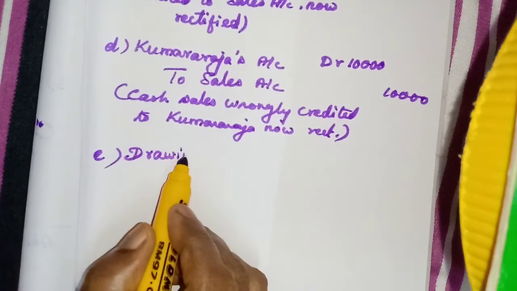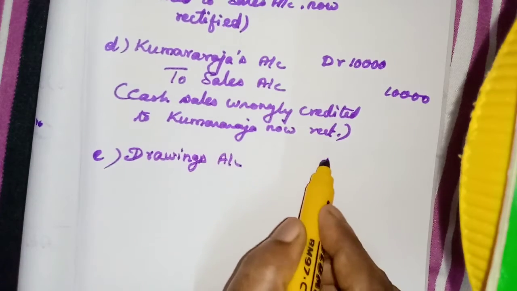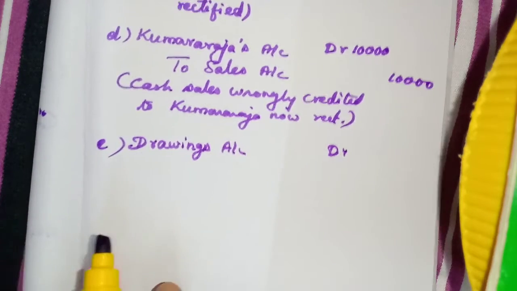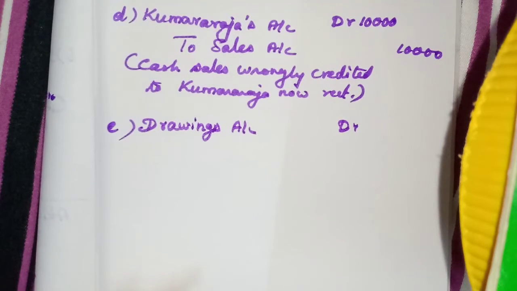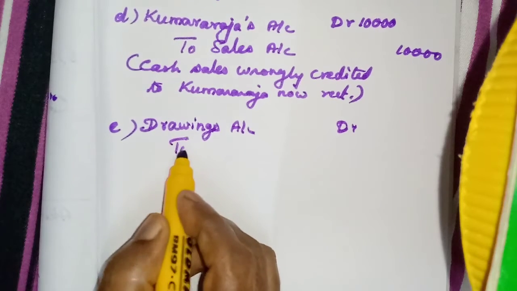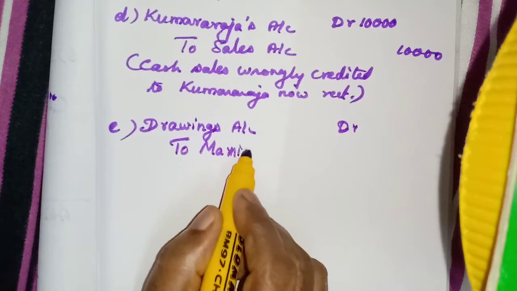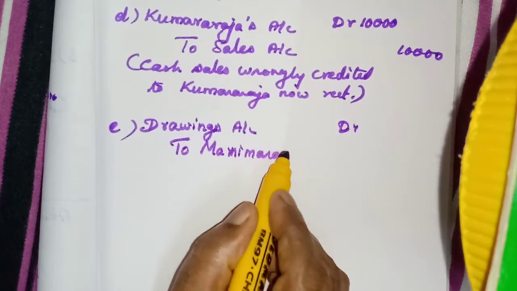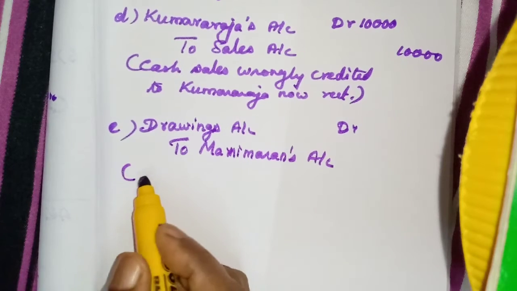If goods are withdrawn by the proprietor for his personal use, we have to debit the drawings account and credit the purchase account. Here purchase is already credited. So here Manimaran is wrongly debited. So we have to correct that one. So Manimaran's account should be credited.